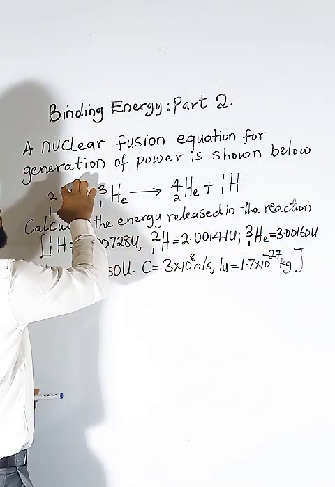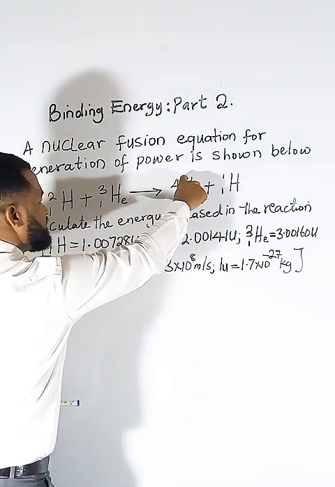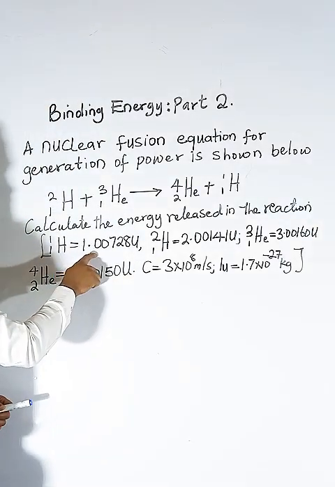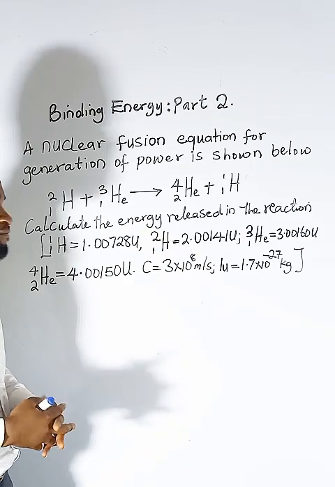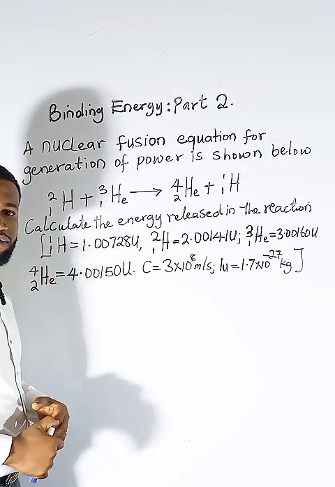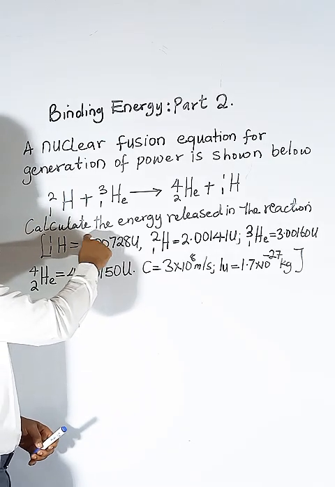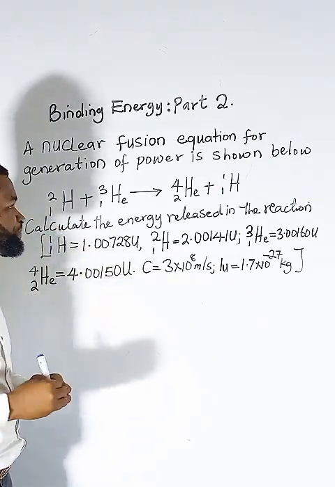So when this atom reacts with this atom, it produces this helium and this kind of proton, whereby the first proton is given as this value in u. This u means the unit for measuring the mass of an atom or the nucleus of an atom, because this particular mass is inside the nucleus.